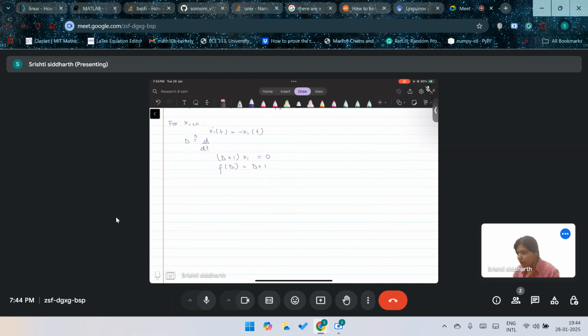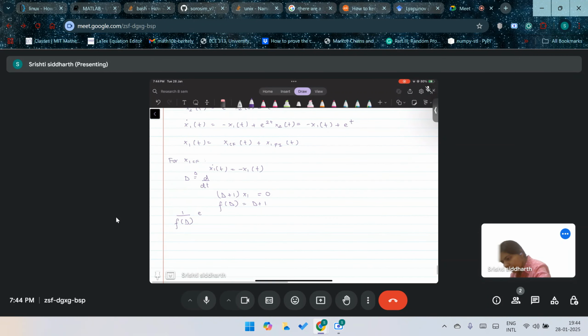And then for the particular integral, we have 1 over f(D) and then e to the power t. So you can recall this to find the particular integral.